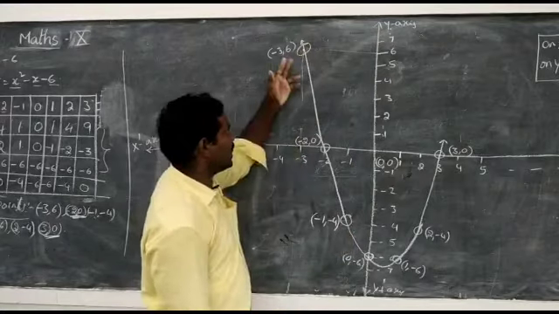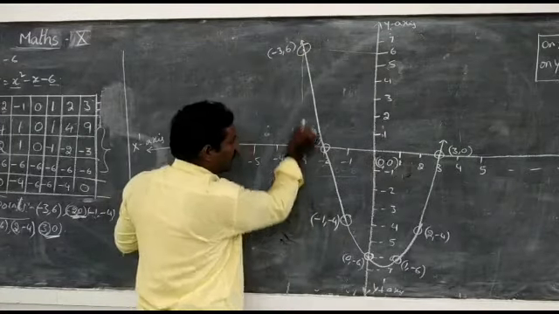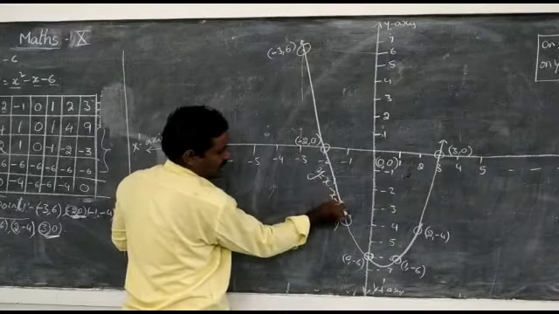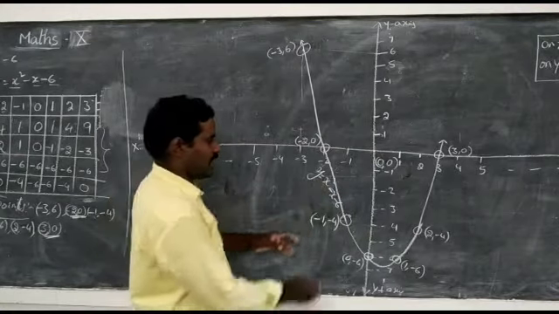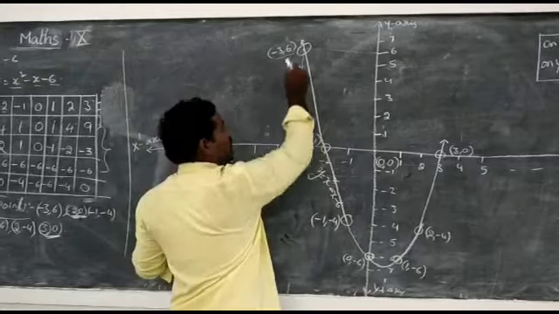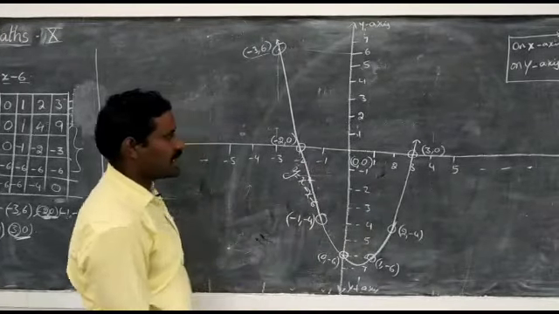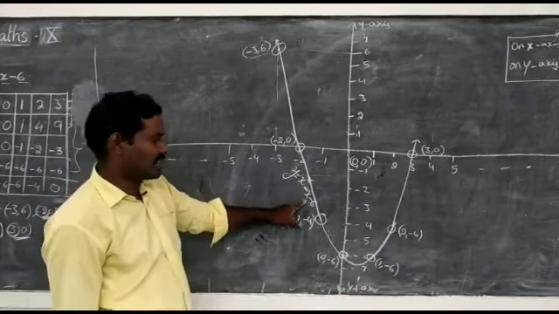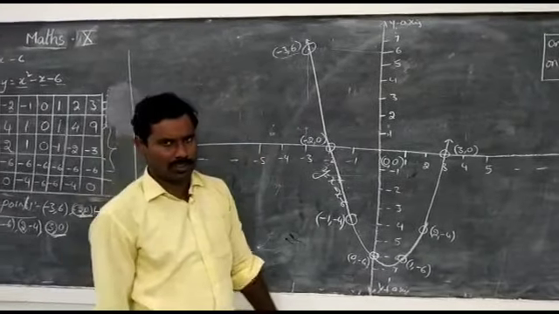That's why arrow marks are compulsory. And this graph's name is y is equal to x square minus x minus 6. This is the name of the graph. And write these points like this. This is the graph of the polynomial x square minus x minus 6. If you draw like this, we get 4 out of 4 marks.